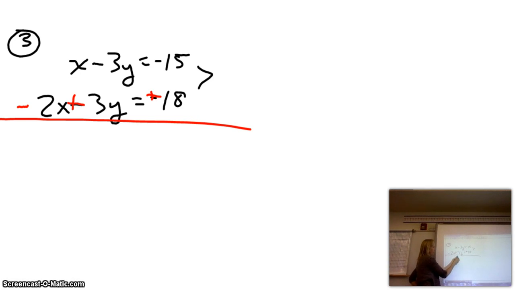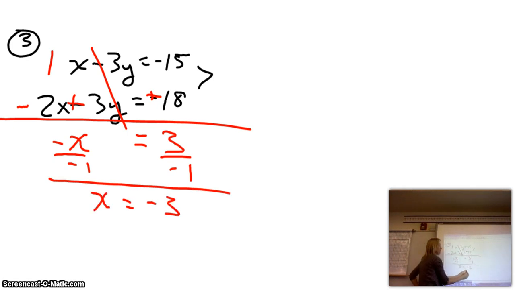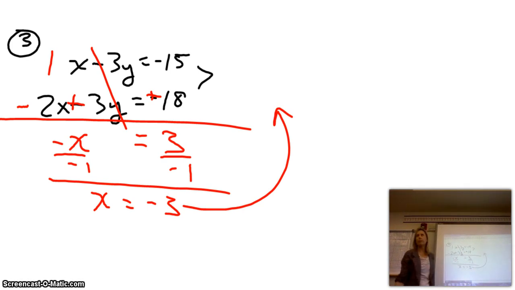X minus 2x would be negative x. Negative x equals 3, and so what does x equal? X equals negative 3. Okay, if x equals negative 3, can we find y?